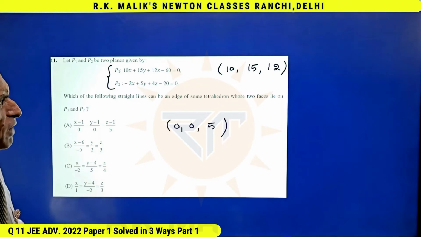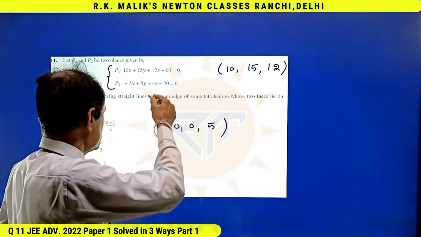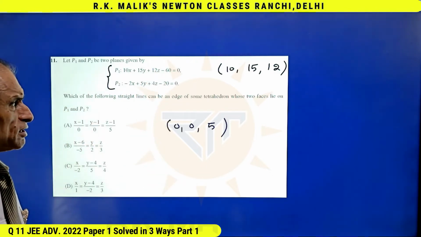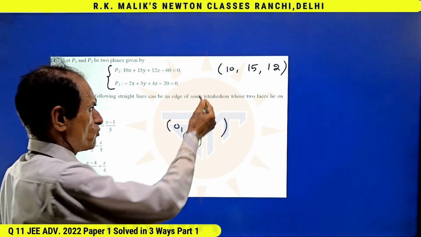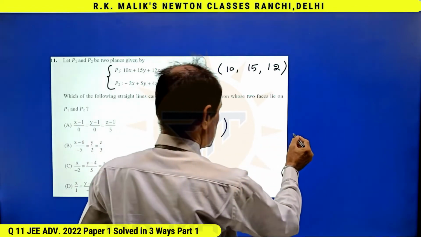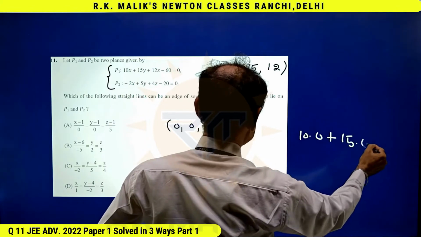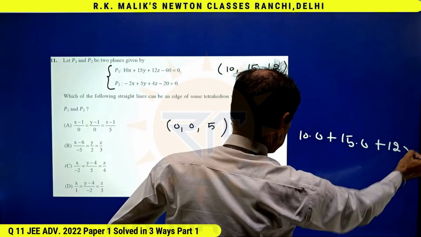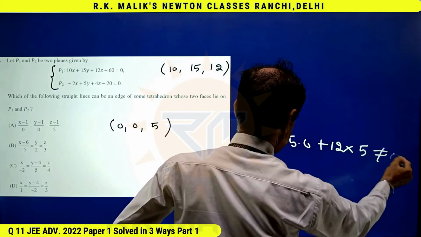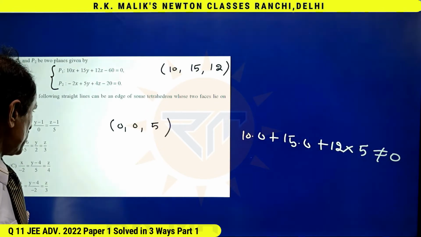This line can be parallel to this plane only if this line is perpendicular to the normal to the plane, and you know that for checking the perpendicularity you will find the value of 10 into 0 plus 15 into 0 plus 12 into 5. This is non-zero, hence this line is not parallel to this plane.